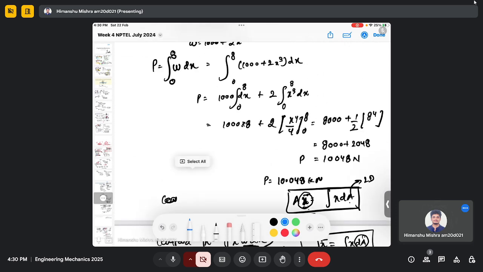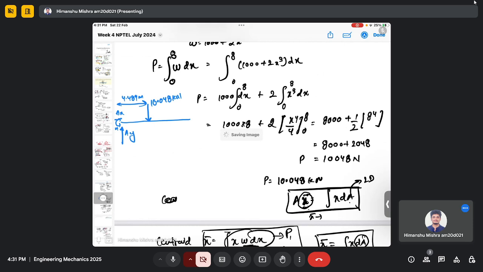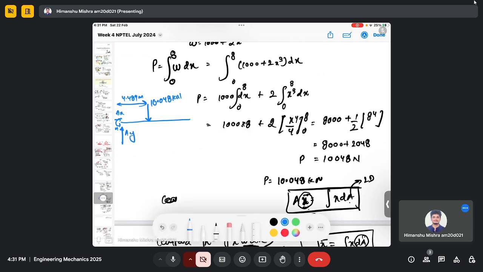Here it is AY, this is AX, there is a moment MA here, and this is a point load of 10.048 kilonewton at a distance of 4.489 meters.